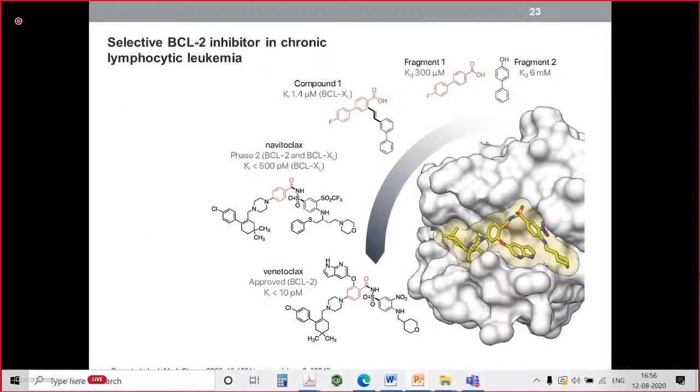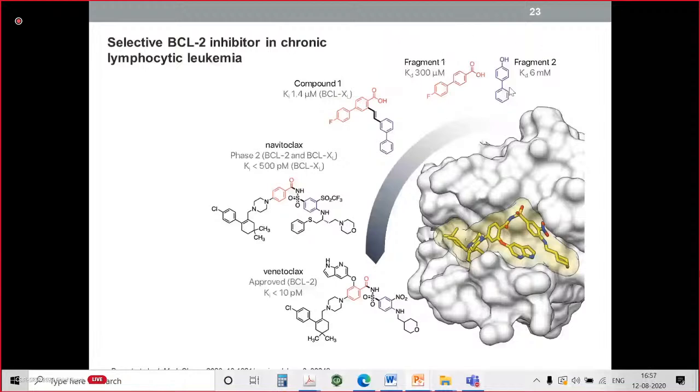Now I'll discuss one more interesting example, and that is a BCL2 inhibitor used for chronic lymphocytic leukemia. Here the linking approach is used for fragment-based drug design. Initially 2 fragments were identified, fragment 1 and fragment 2.